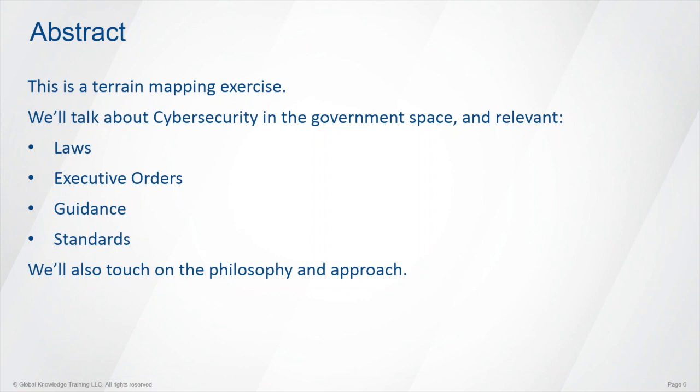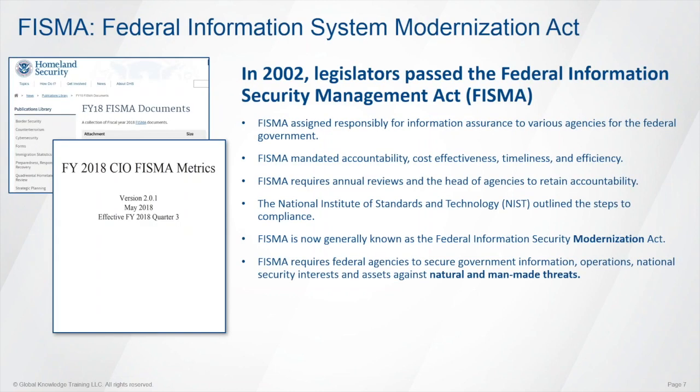As we dive into this, the first thing to understand is FISMA. This is the United States Federal Information Security Modernization Act. It happened back in 2002. It was one of the first times that legislators in the U.S. government actually realized that the government has a responsibility around cybersecurity for the nation as a whole.